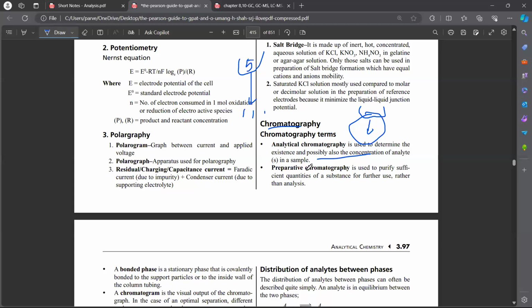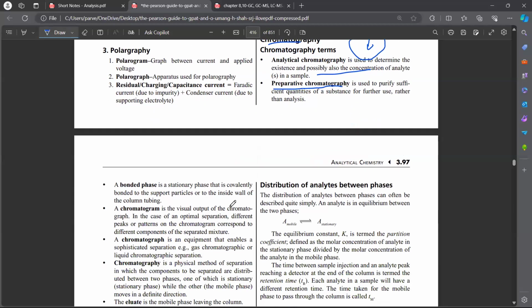Preparative chromatography is qualitative, where your main motto is only to identify which types of analytes are present in the sample, so it is more related to identification. During teaching, wherever I say the term preparative, it means qualitative, and if I mention the term analytical, it refers to quantitative.